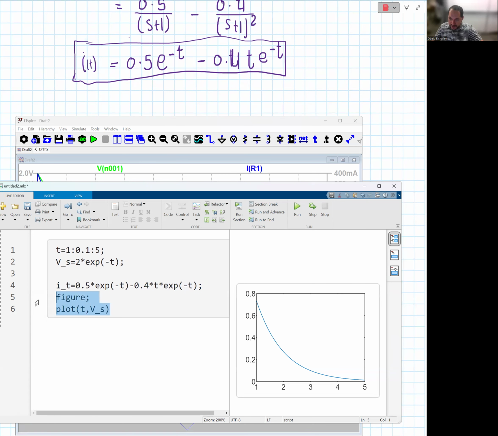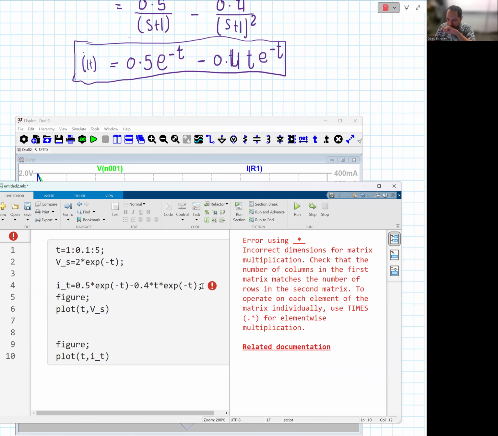Let's create another figure because the scales are different. The voltage has a scale much larger than the current. So let's plot i(t) here.